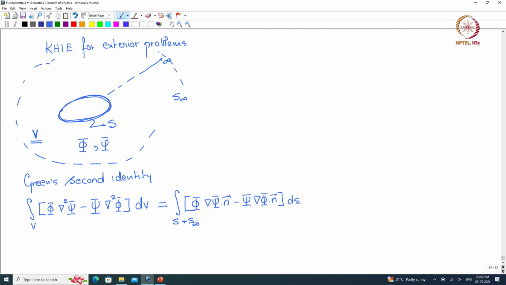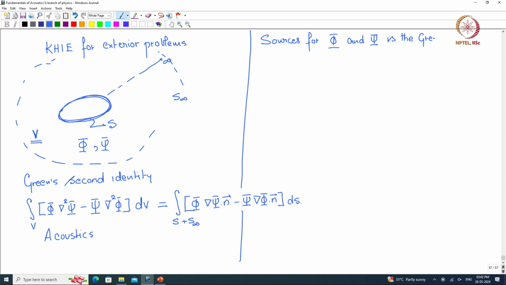Okay. Now if we again connect to acoustics, and say that I have sources for phi and psi, and let us say psi is the Green function, the free space Green function, let us put it that way.